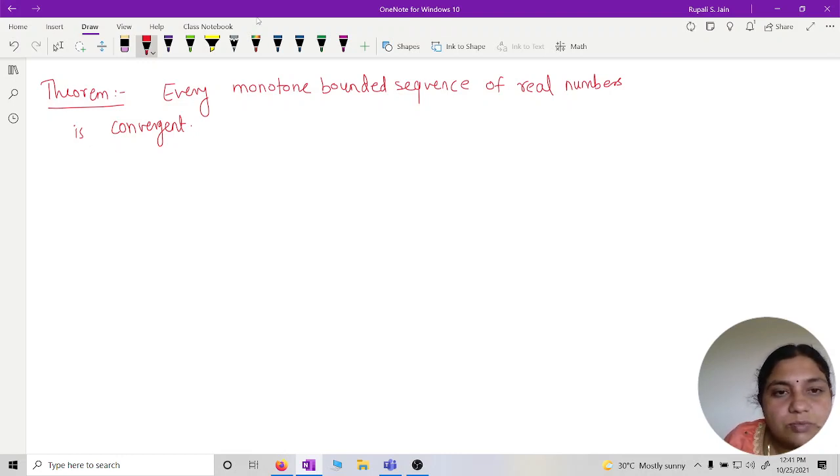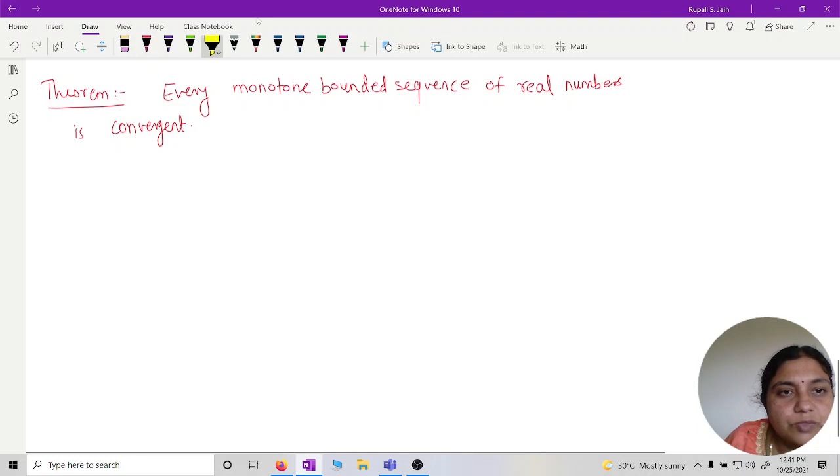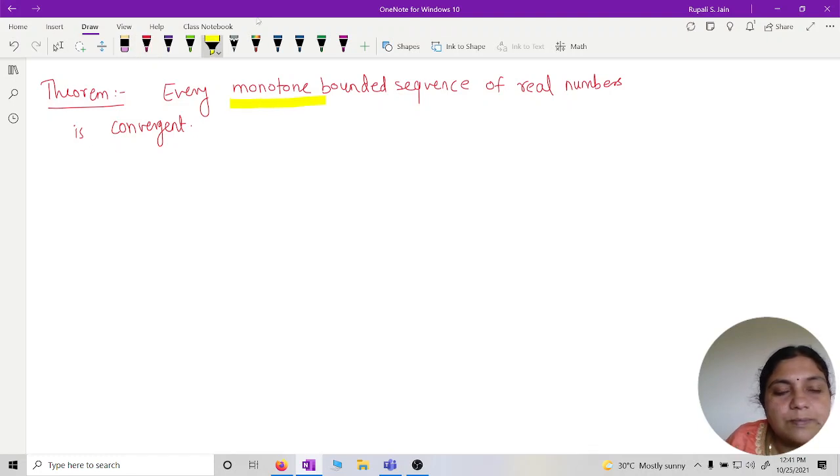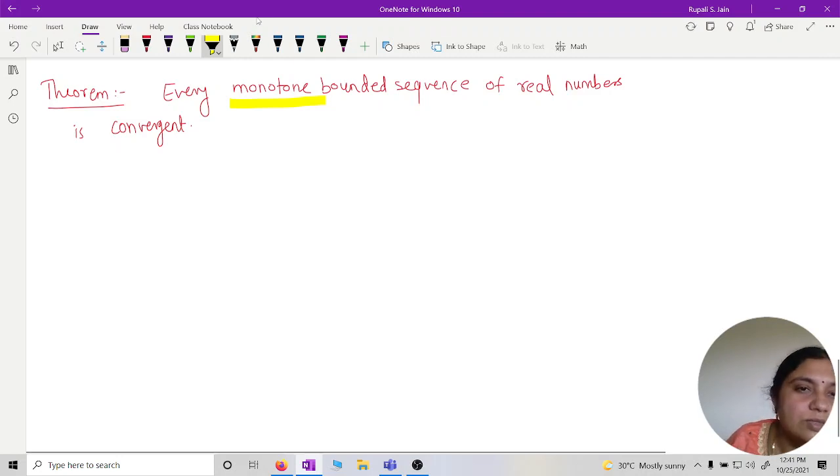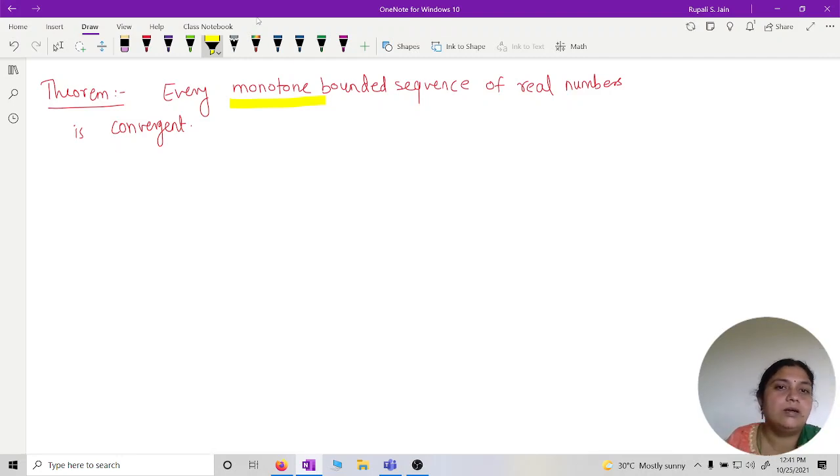What is meant by a monotone sequence? Either it is an increasing or a decreasing sequence. So first we will prove this theorem for an increasing sequence, and then from that we will prove it for a decreasing sequence also.